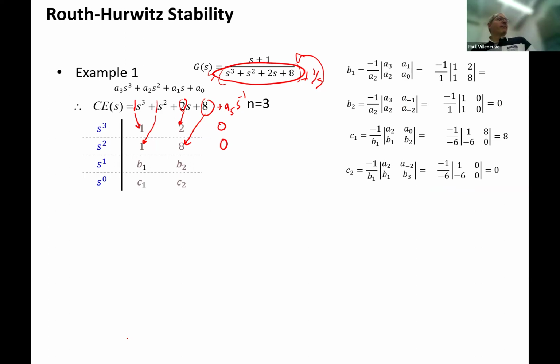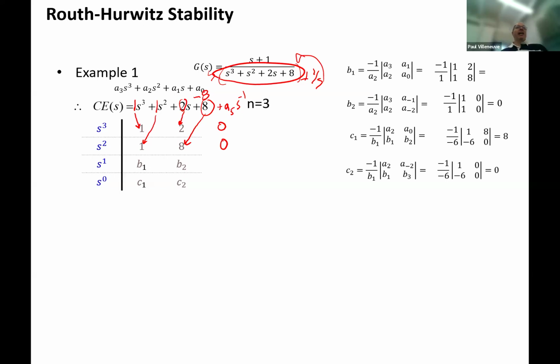So instead of having 8, we have minus 8 already. If this is minus 8, and I said, tell me if there are any poles in the right-hand half plane, you'd say, I don't even have to do the problem, because I have a minus 8. And I already know that I have at least one pole in the right-hand half plane.